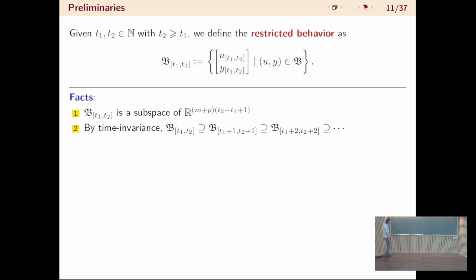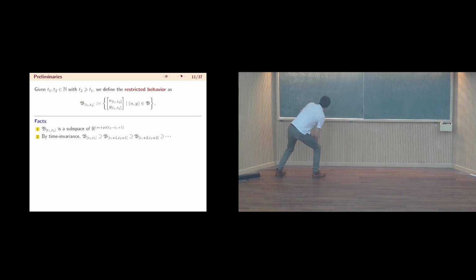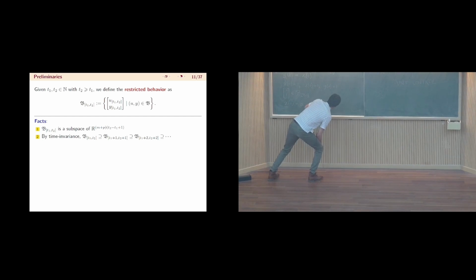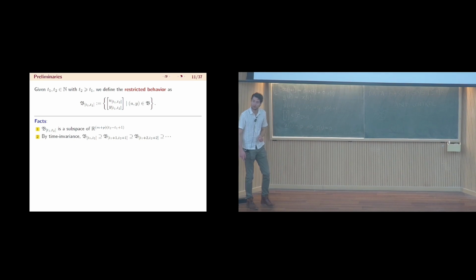On the other hand, you see that due to this first equation, we always have that x at time 1 is equal to 0. Which means, due to the second equation, that y at time 1 must also be equal to 0.